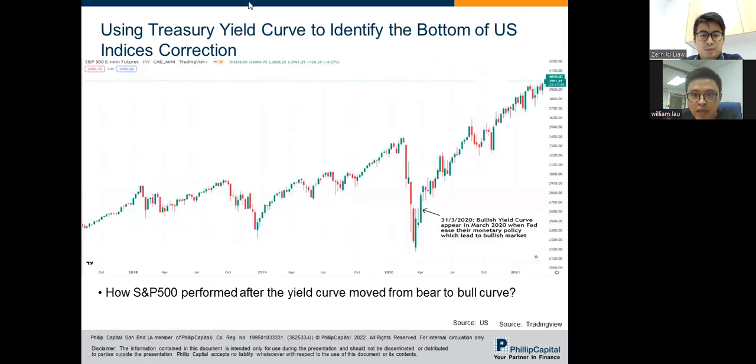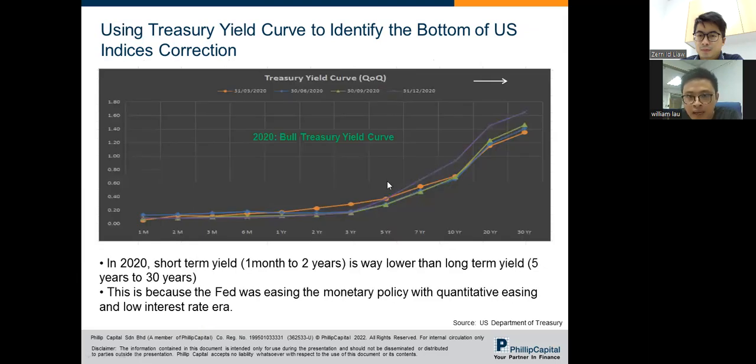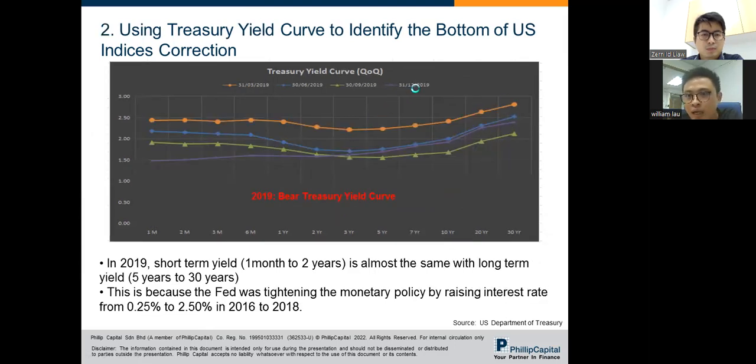Now if you look at this one, I'll show you a quick chart here. This is the first quarter, March 2020. Orange line. If you look at it, you see the 1 month interest rate actually dropped to here. Now we look at the last one, the fourth quarter of 2019. You look at the purple line, you see it's quite flat.